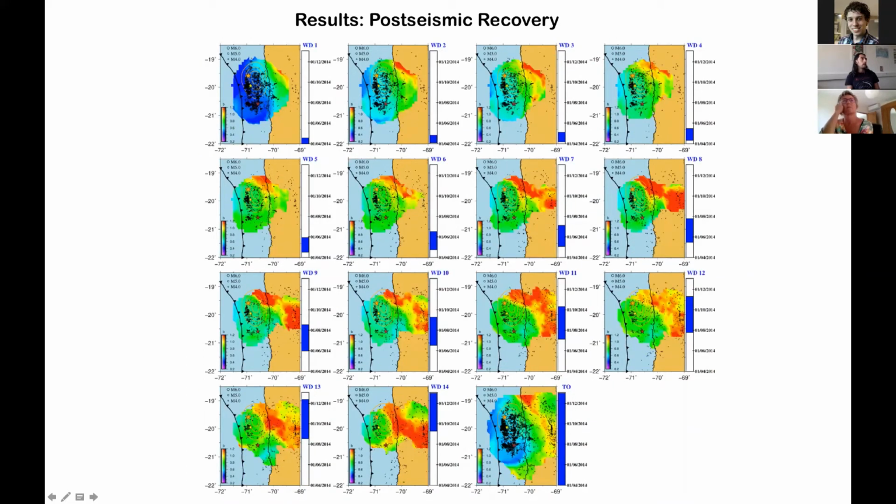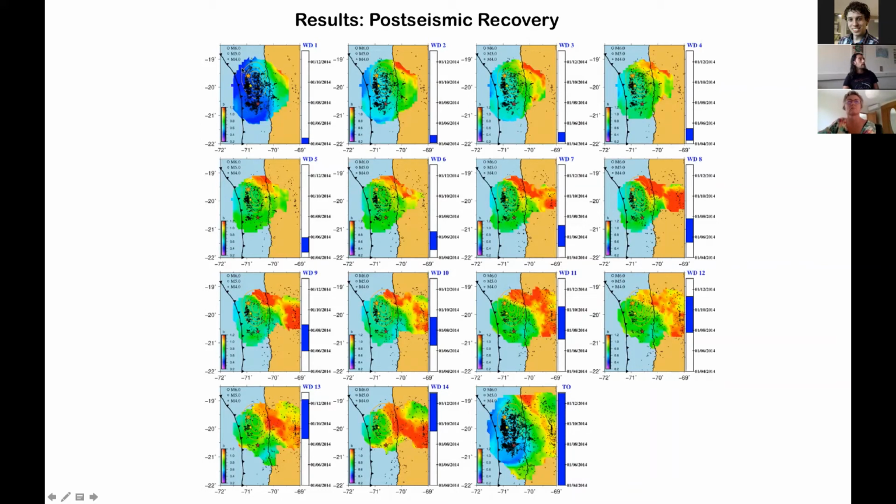Similarly, we see here the spatio-temporal distribution of b-value during the post-seismic period. So we can see here the post-seismic recovery, if you want, of b-value. We start here on the 1st of April, and of course this is a very short amount of time, only a couple of days, because each window has a fixed amount of events. In the aftershock period we have many events, and in only a couple of days we have enough events to produce a window.